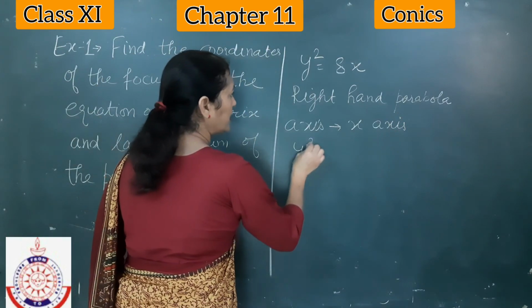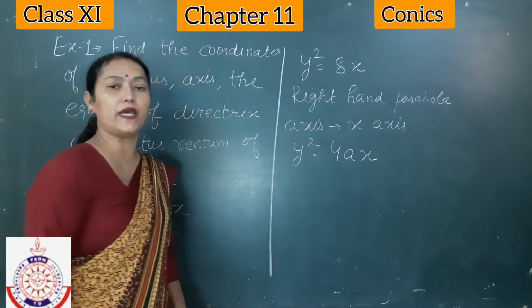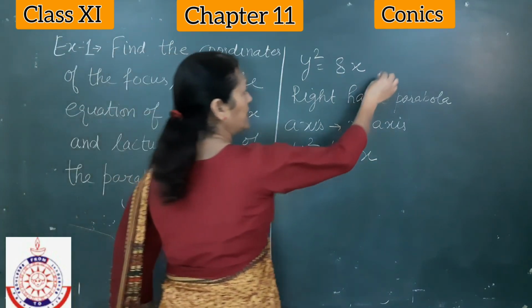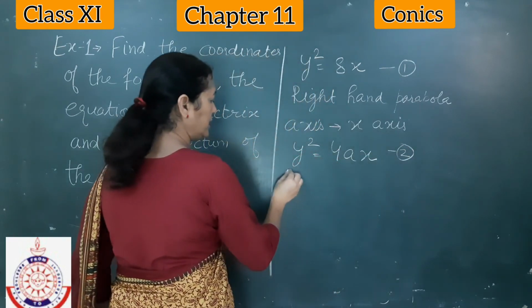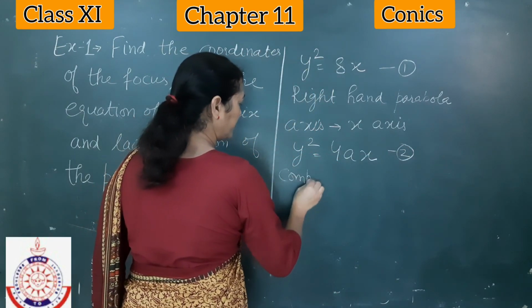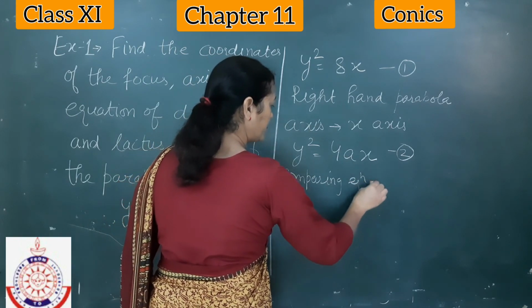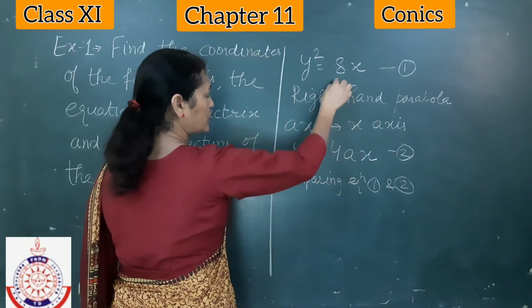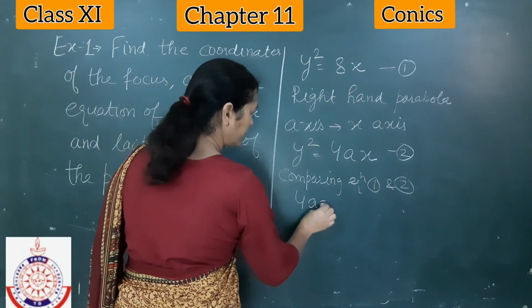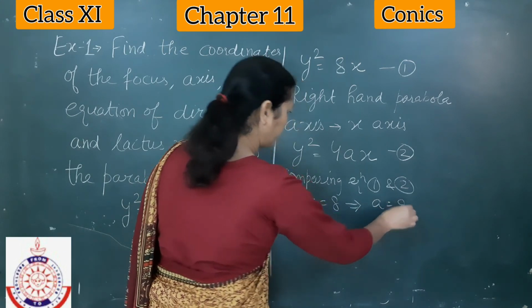We know that the equation of a right hand parabola is y square equals 4ax. So if we compare the given equation and the standard equation, comparing 1 and 2, 4a equals 8, which implies a equals 2.